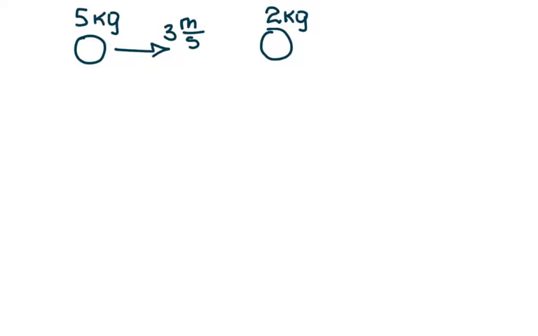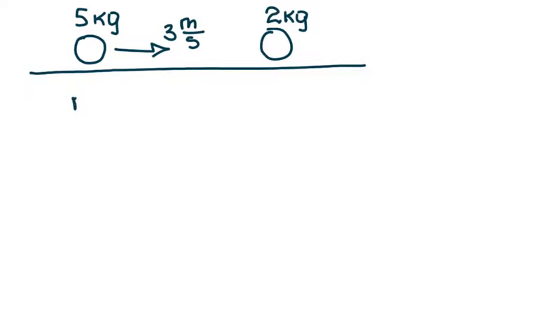Object X then collides with and sticks to the other object Y. After the collision, X and Y stick together, and how much mechanical energy is converted into non-mechanical energy during the collision? So if this was on the plane, then I have momentum before is equal to momentum after.